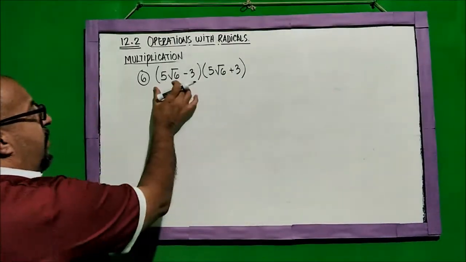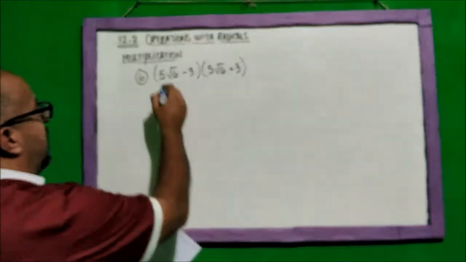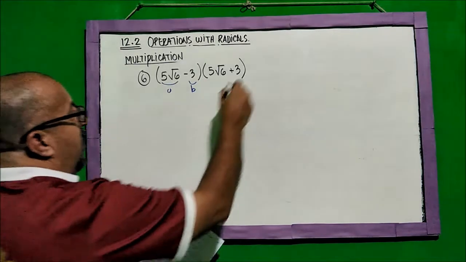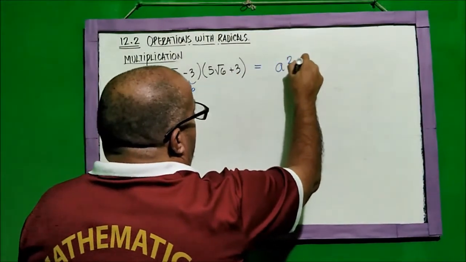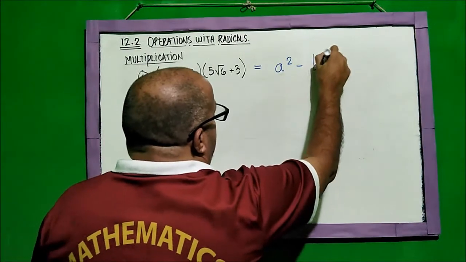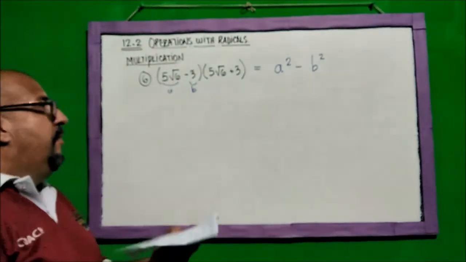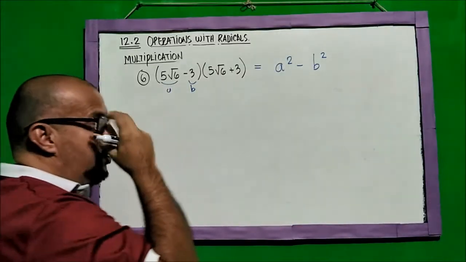If you see, we have a sum and difference pattern. Okay, identifying A and identifying B. Let's remember that this pattern is solved by applying this format, which is the difference of two squares. Okay, very important. Remember, difference of two perfect squares.